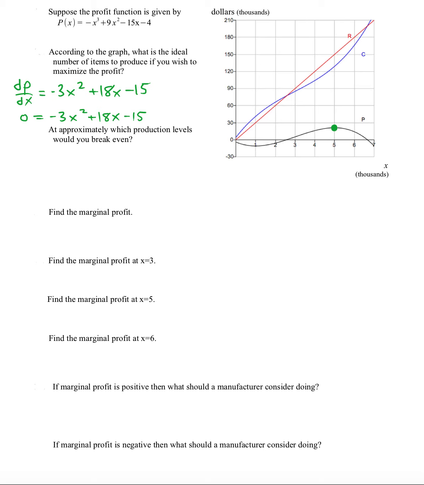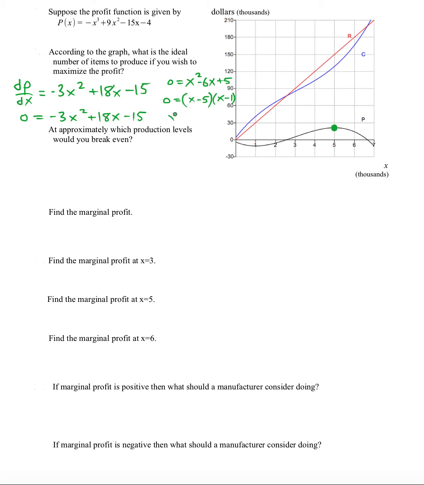And we can also divide by 3 on both sides. Actually, I'll divide by a negative 3. This will factor into x minus 5, x minus 1.